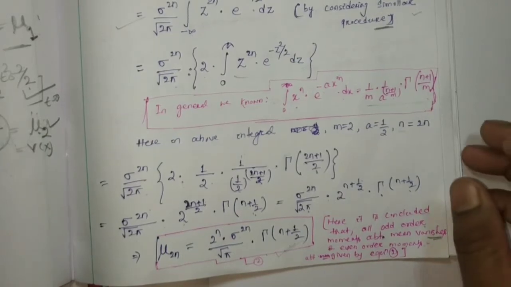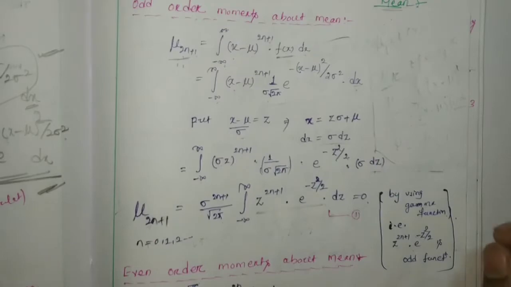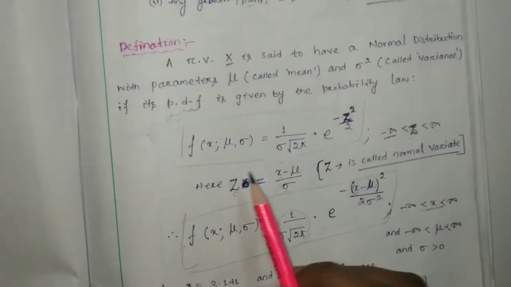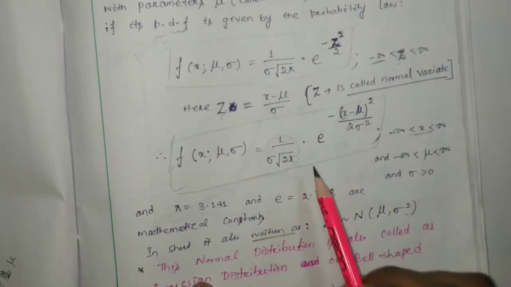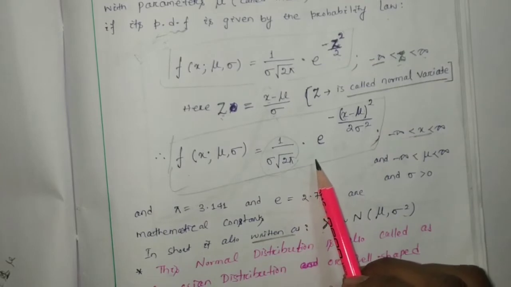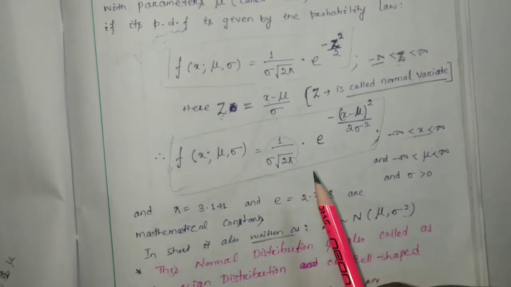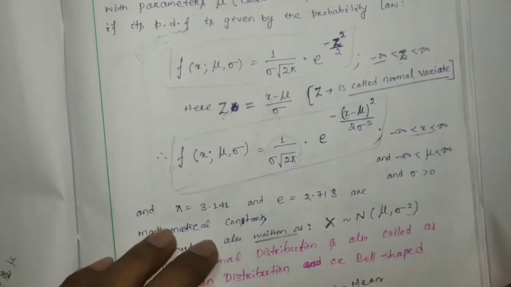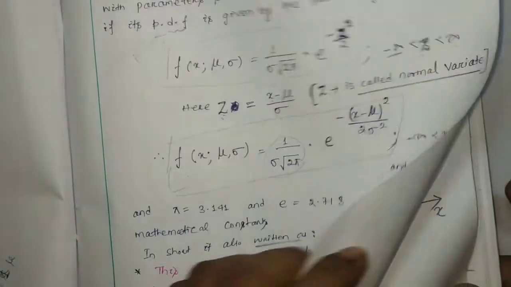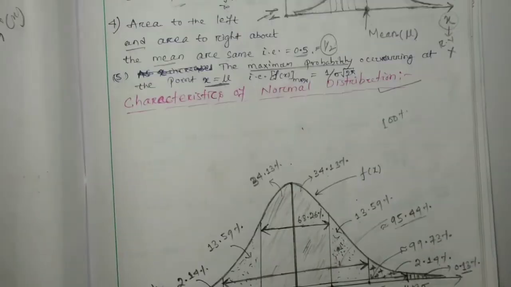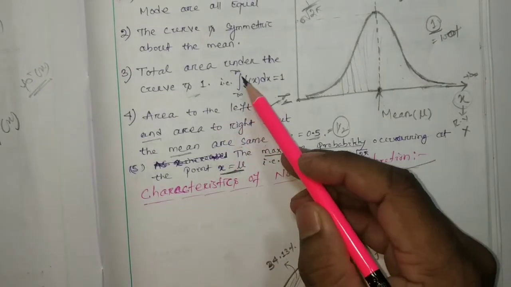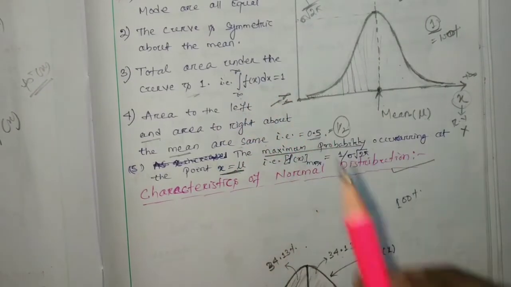Here I want to say that one content we have forgotten. In today's class we are going to discuss that this is our general pdf, probability density function, and if we integrate it from minus infinity to plus infinity, it has to give 1. We discussed in the properties that the integral of f(x) dx from minus infinity to plus infinity should be 1.